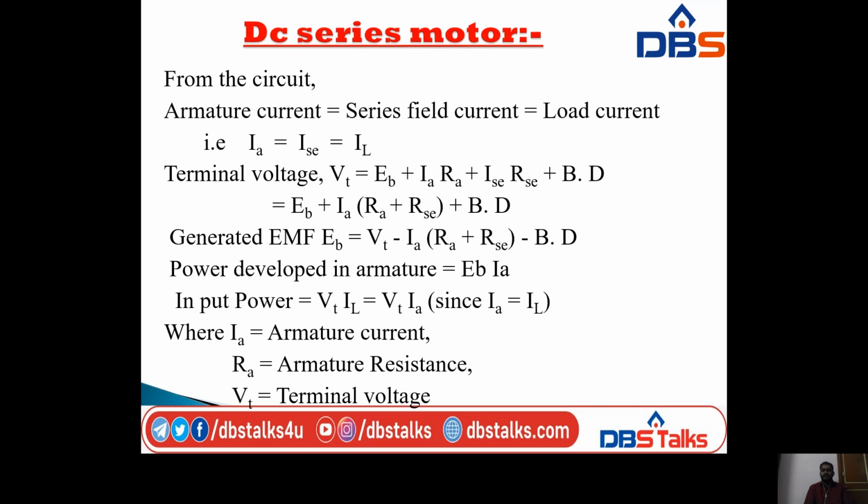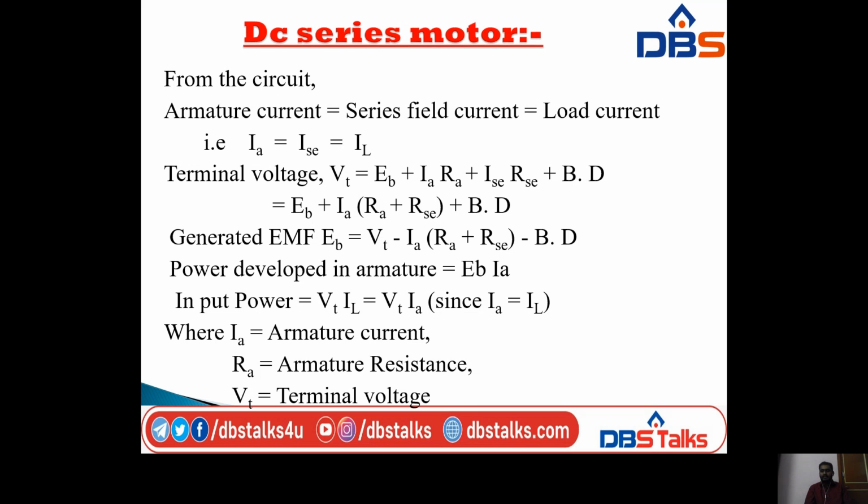From the circuit, the armature current is equal to the series field current Isc, that is Ia is equal to the load current IL. So I am writing Ia is equal to Isc, equal to IL. So from this one I am writing the terminal voltage Vt is equal to Eb plus Ia Ra plus Isc Rsc plus the brush contact drop.